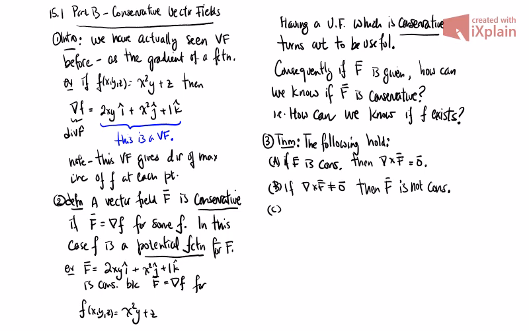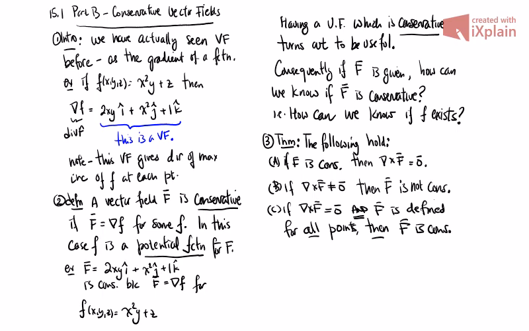This actually isn't true, but we can say something really close. This is fairly intensely difficult to prove, definitely beyond the scope of the course, but if the curl is 0 and big F is defined for all points, then big F is conservative.